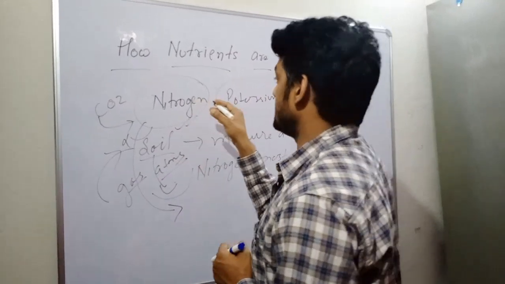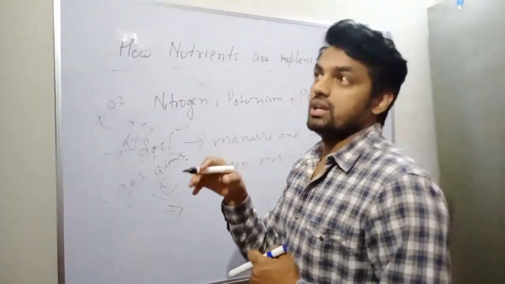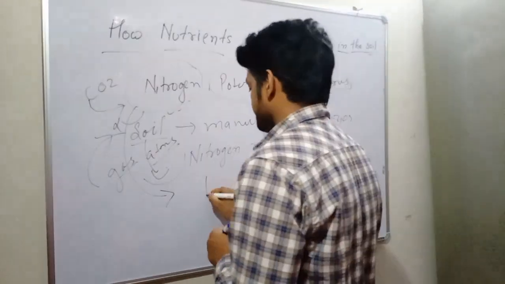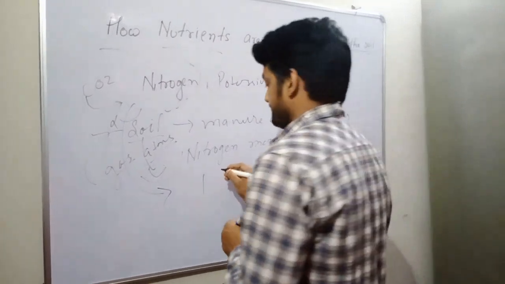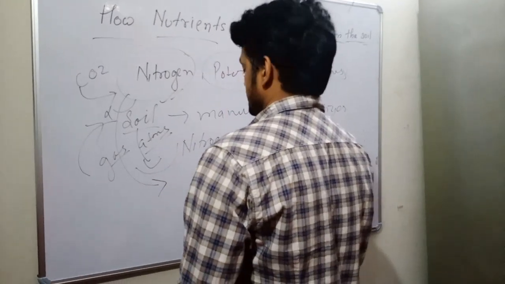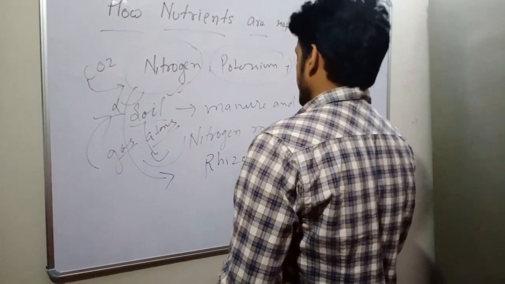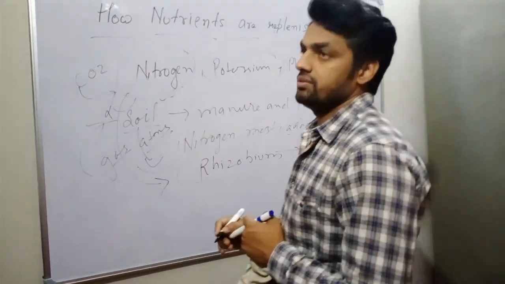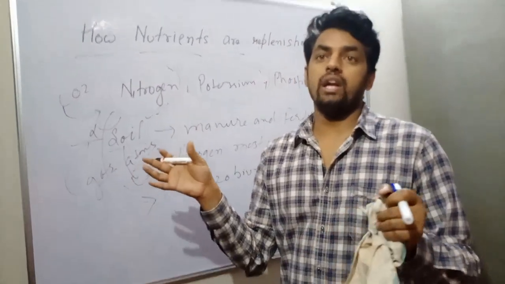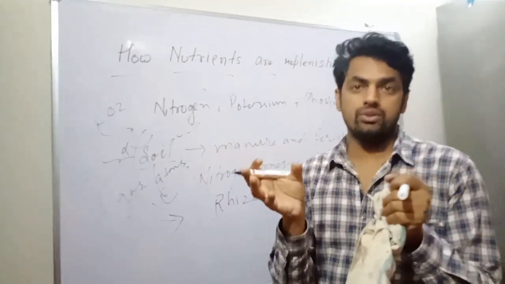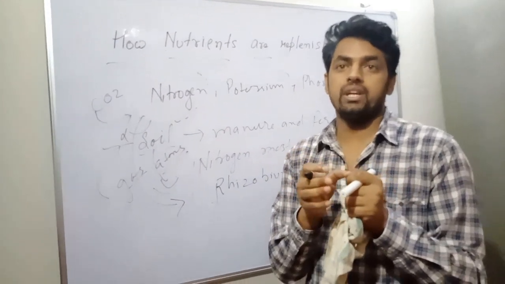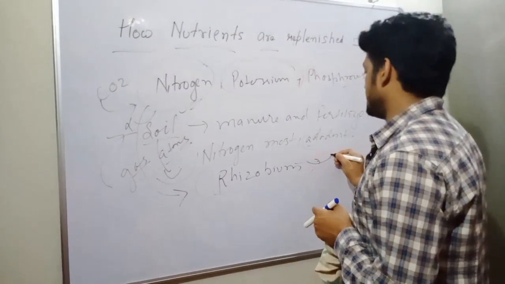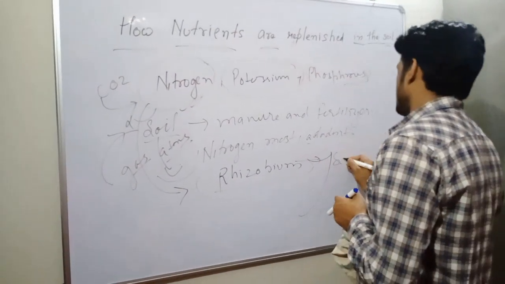Nitrogen can be made soluble in the soil by a bacterium known as rhizobium. Rhizobium traps nitrogen from the atmosphere, converts it and makes it soluble so that it can easily dissolve in soil.